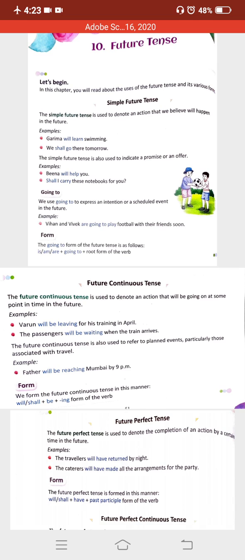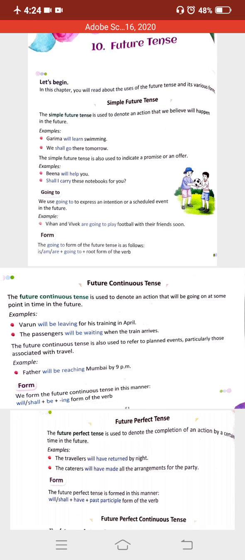For that we can use the simple future tense. For example, Garima will learn swimming. And the second sentence: we shall go there tomorrow.